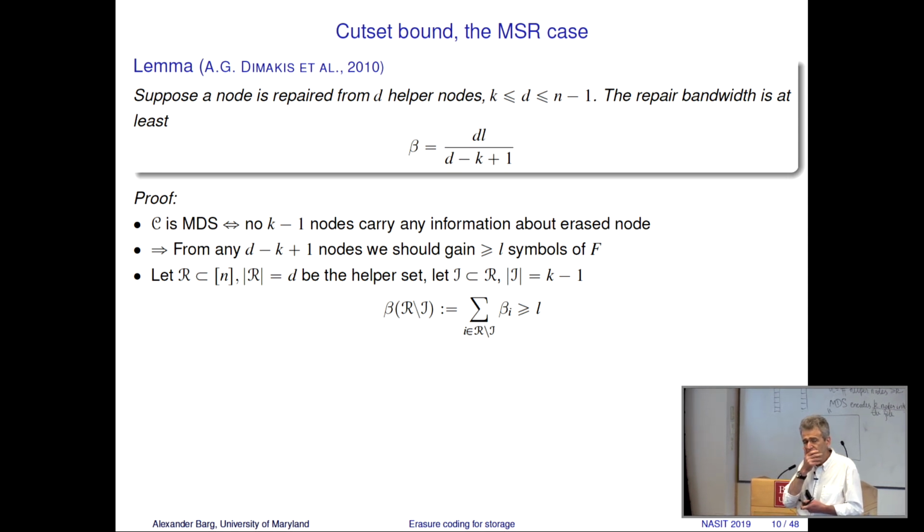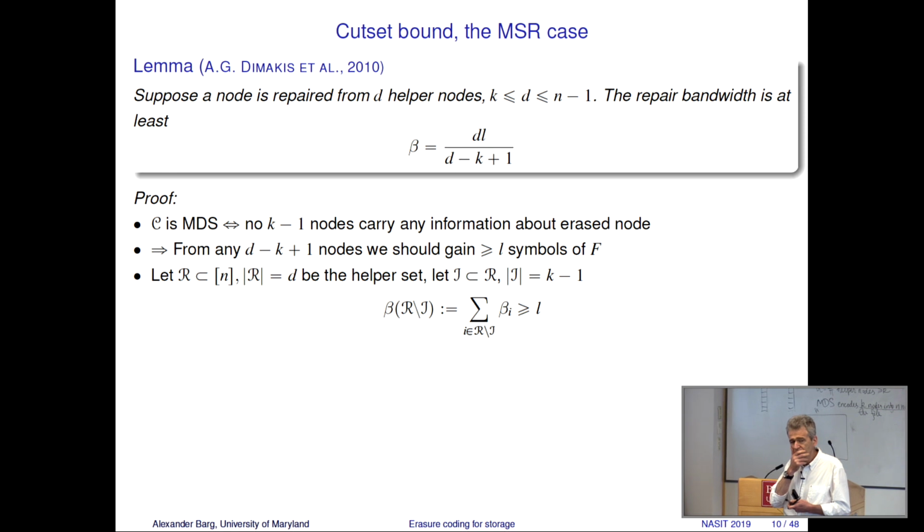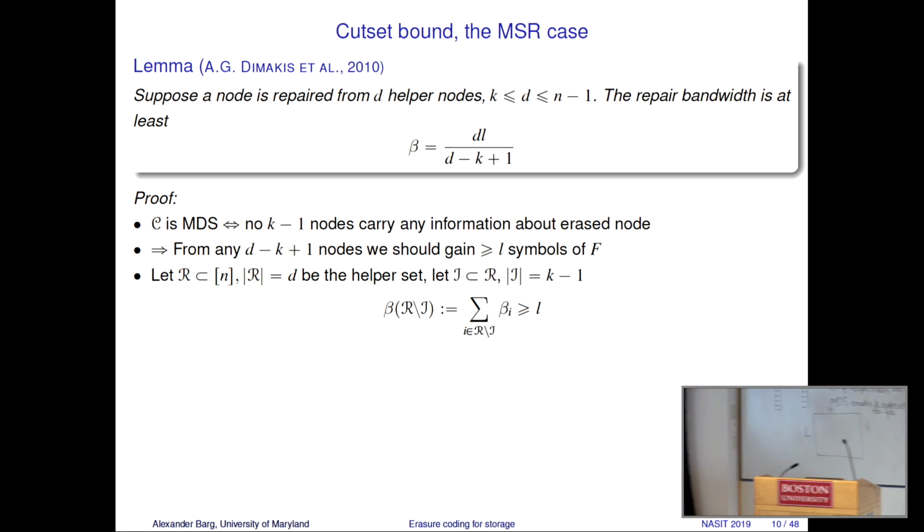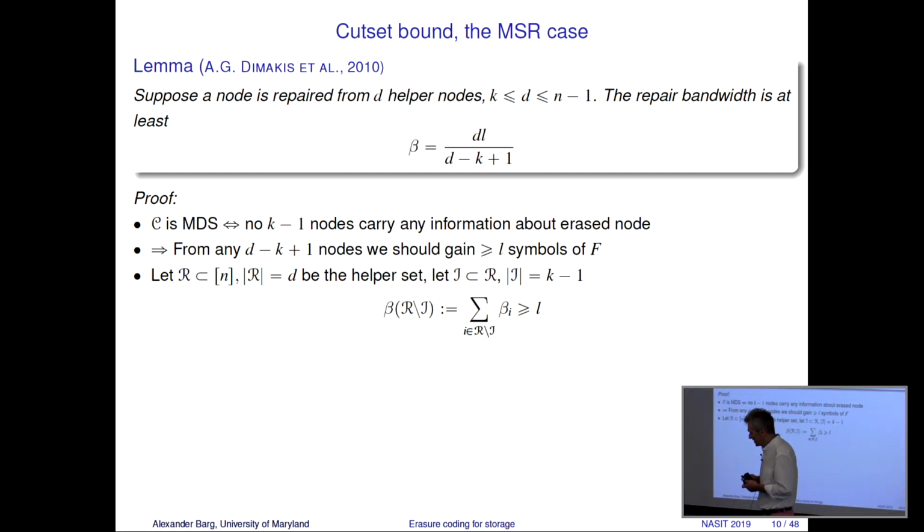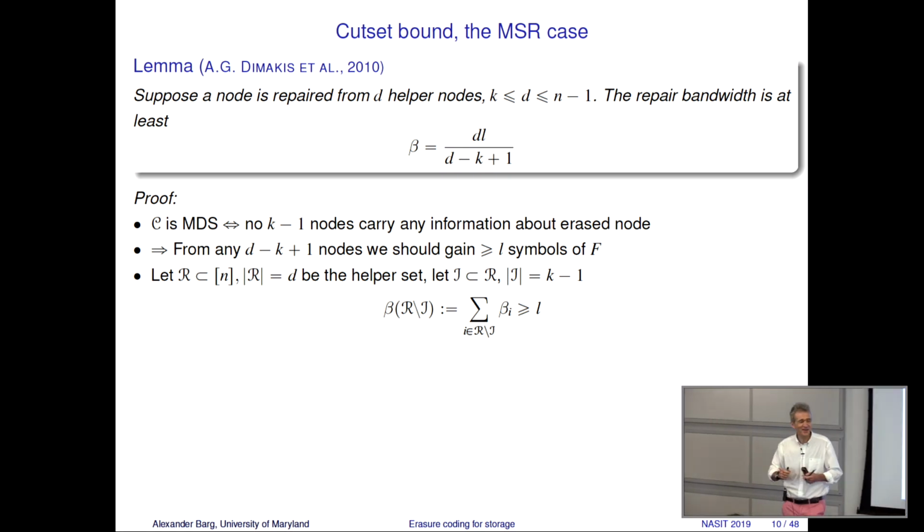You might also have one node that depends on fewer than k minus 1. Yeah, the minimum distance in that case would be lower, but then your code is not MDS. This is the definition of an MDS code. You see, this is not a theorem. This is the definition. This is proof by authority.